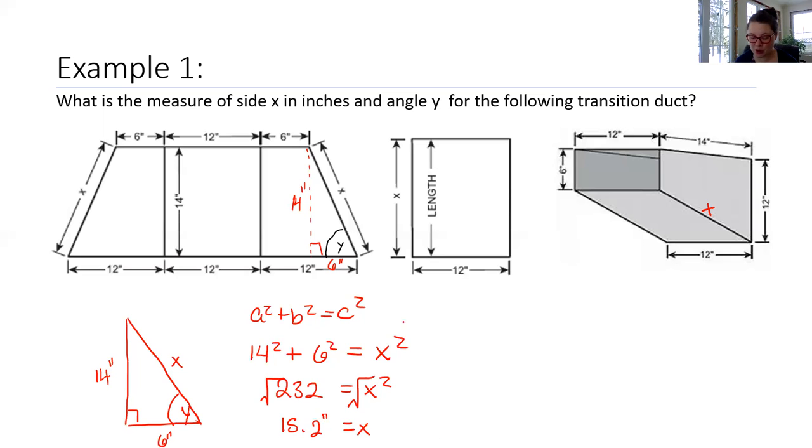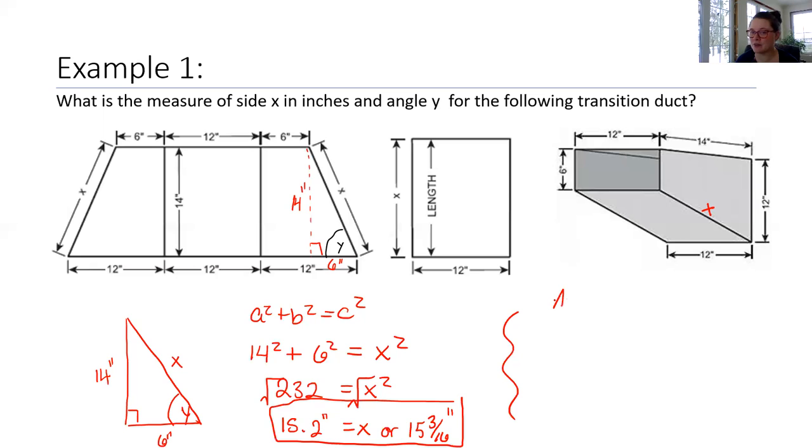And if you take that 0.2, you could figure out how many 16ths of an inch. If you want to do it in 16ths of an inch, you could say 15, and I got 3/16 of an inch. So 2 different ways of expressing the same info. So that is our measurement for that missing side.